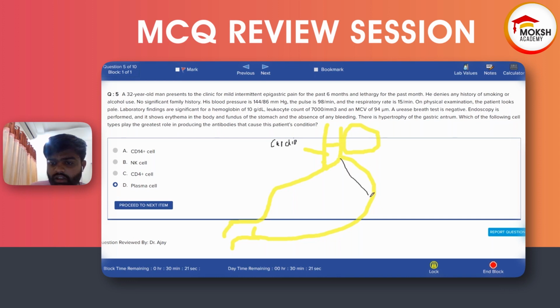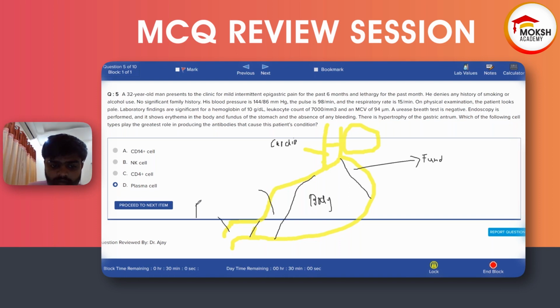This area right here on the upper part is the fundus, and this part right here is the body. The part between the body and the pylorus is the antrum.